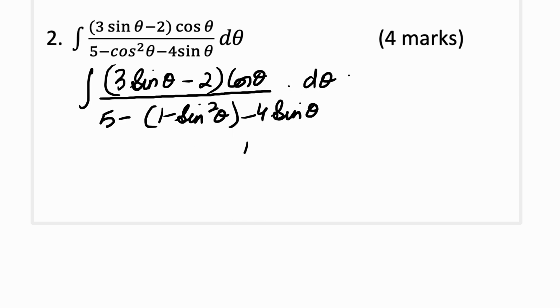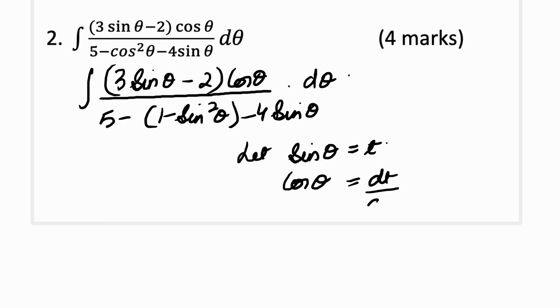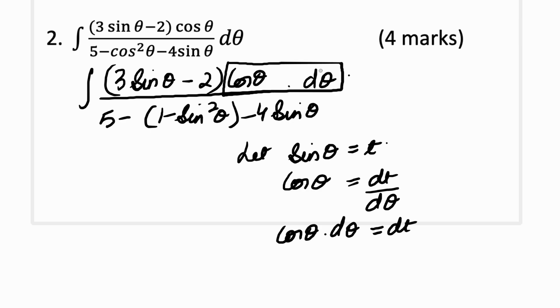Now let sin theta be equal to t. When we differentiate, we get cos theta equal to dt by d theta, so cos theta d theta becomes dt.